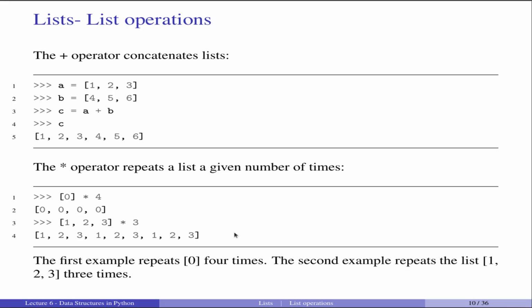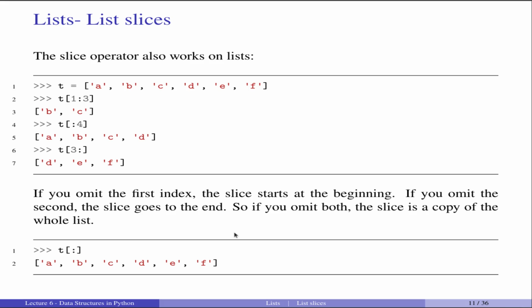So the plus operator concatenates lists and the multiplication operator repeats lists. The next one, a very useful operator, is called list slicing or list slices. You can access part of a list using list slices.